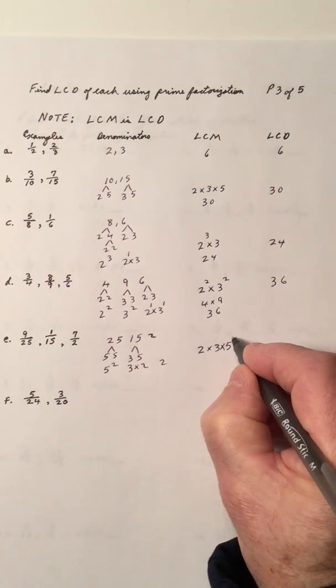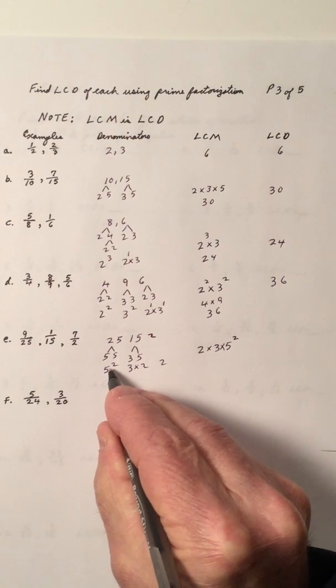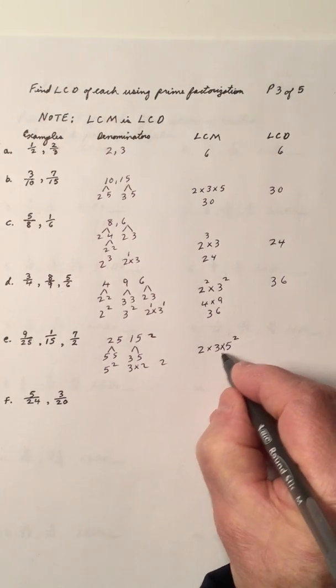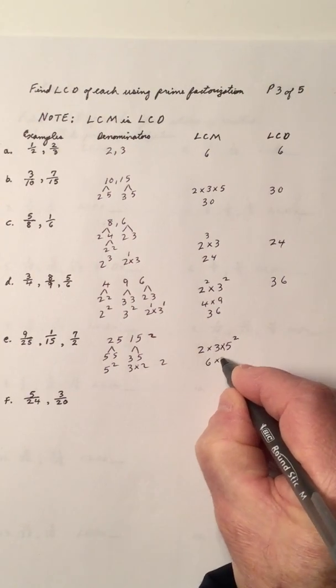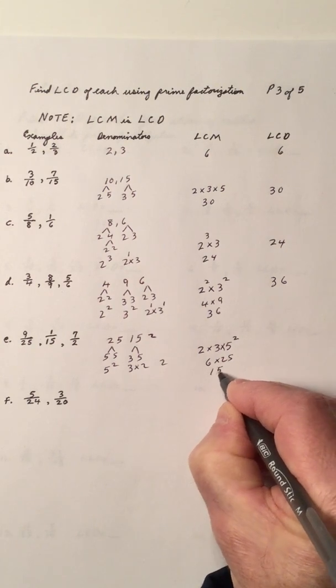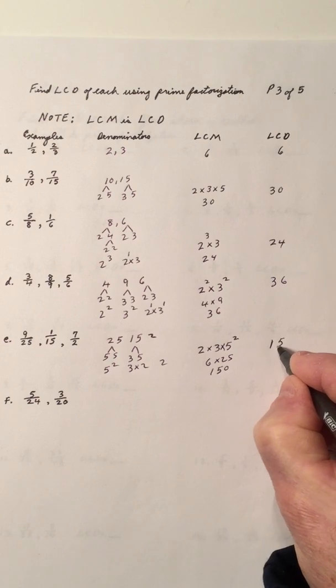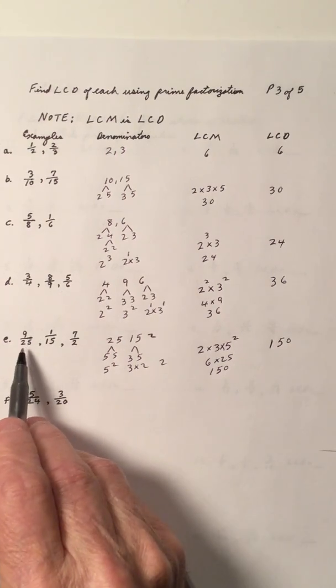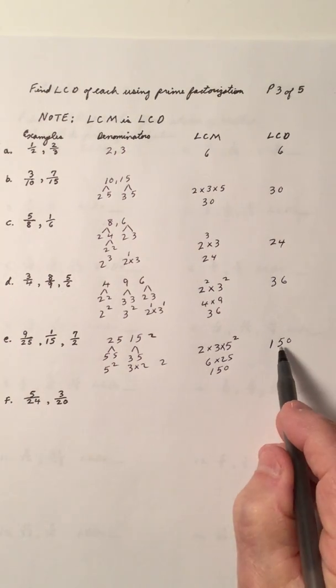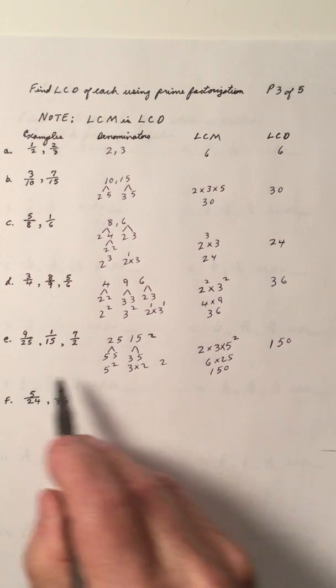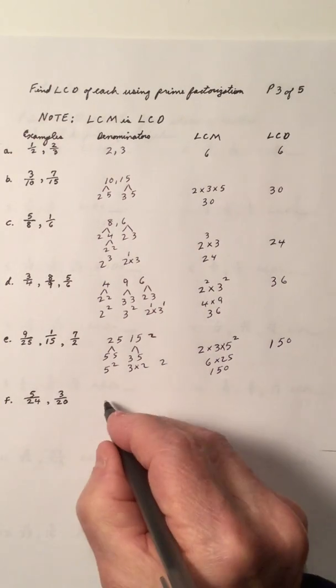There's only one 5, so it has to be 5 squared. 6 times 25, 150. Least common multiple is 150. Least common denominator is 150. So 25, 15, and 2. The least common denominator of these is 150.